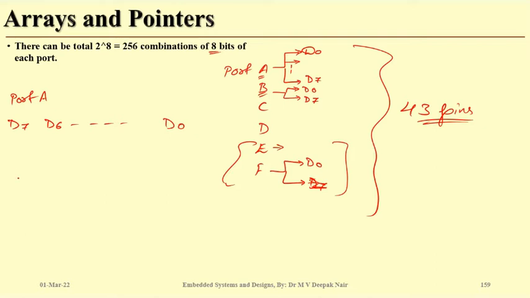Of course, we can generate combinations from 0, 0, 0, 0, 0, 0, 0, 0 to 1, 1, 1, 1, 1, 1, 1, 1. These are all different possibilities which we can generate, and if you count, it is 256, 2 to the power 8. So using 8 bits of any port, we can generate 256 different combinations.